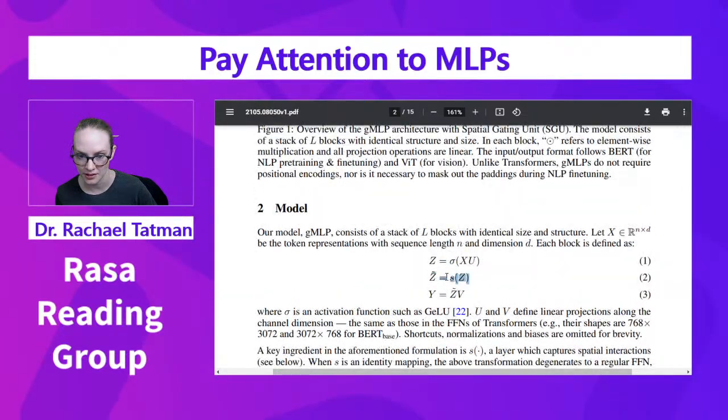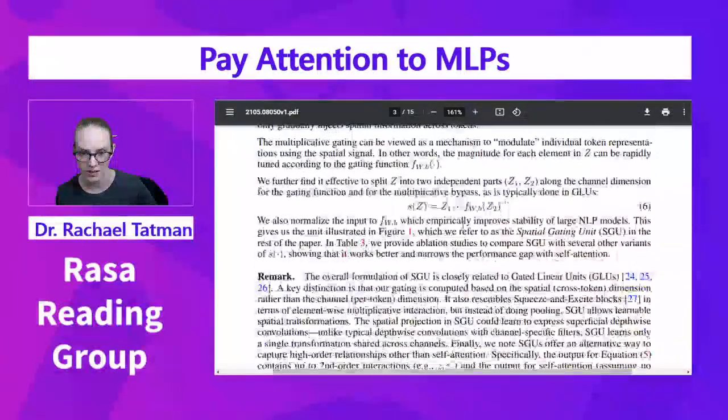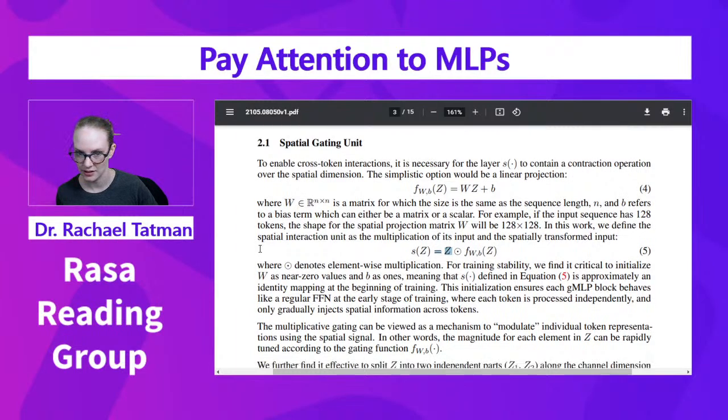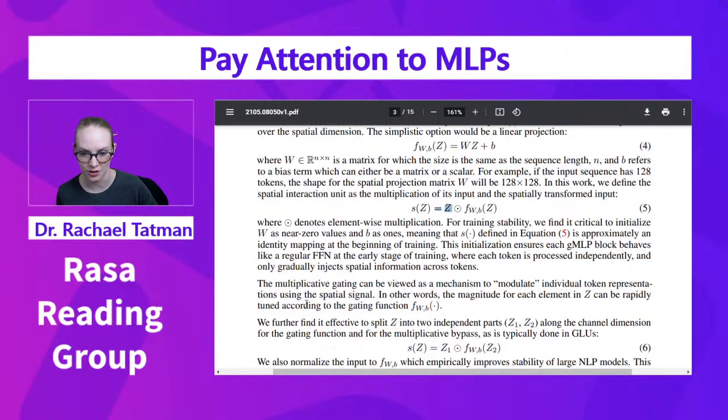So this S of Z is this one, right? This whole thing, which incorporates both the regular feed-forward network and then also the, so it takes the output of the regular feed-forward network and then multiplies it by the learned matrix, and then it helps to split it into 2 bits so that there's 2 of them. I'm getting confused about what's what here.